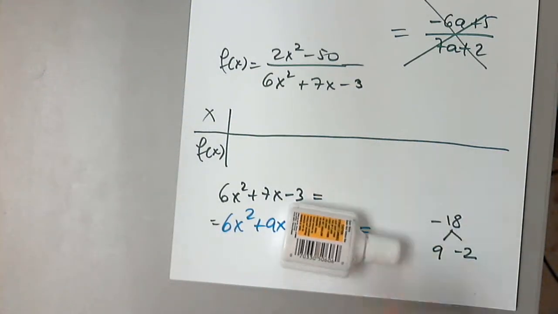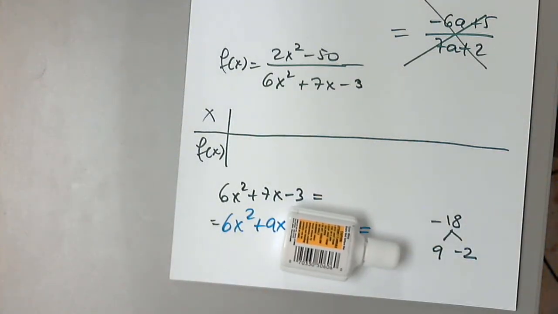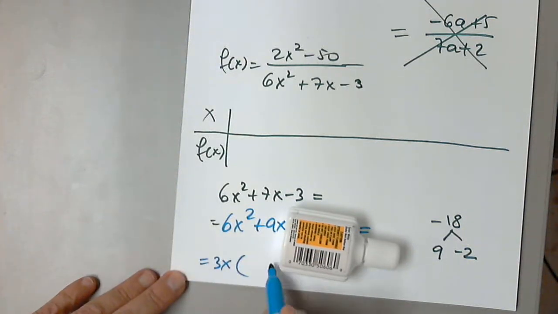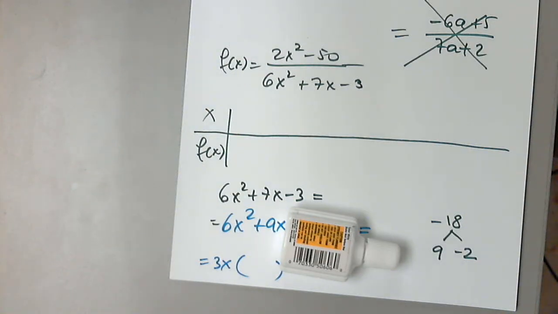And then I factor by grouping, intentionally not looking at the other two. So from 6x² + 9x, I will factor out a 3x. What is left in parentheses? The answer is 2x + 3. Very good. And what has to come out from the other two?